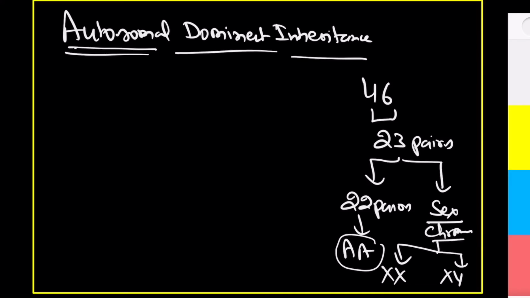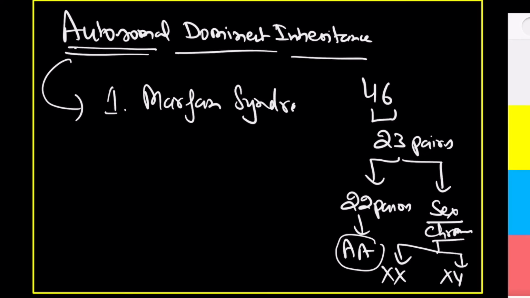Now in case of autosomal dominant inheritance, I just want to tell you there are certain cases. For example, there is a disease that is Marfan syndrome. Then you have the disease that is Huntington disease.